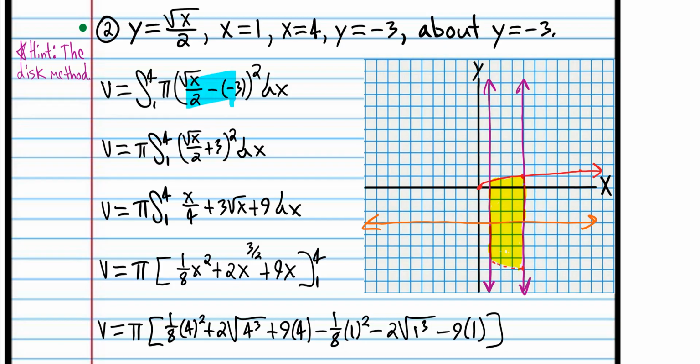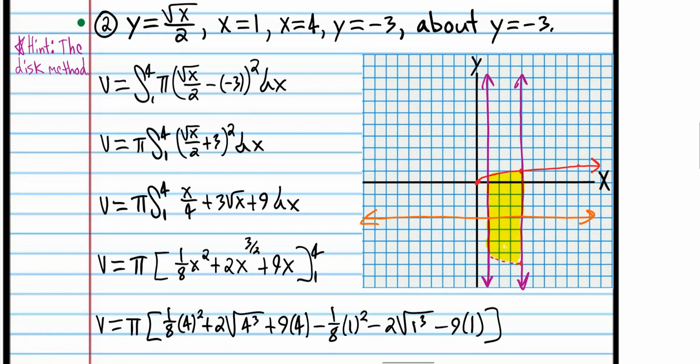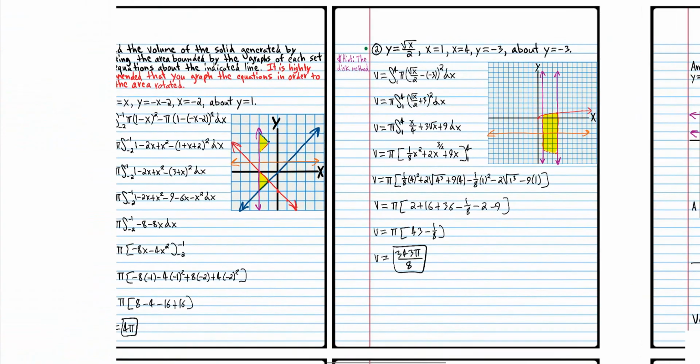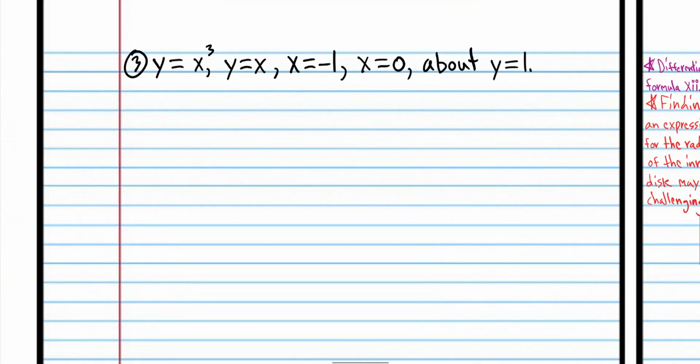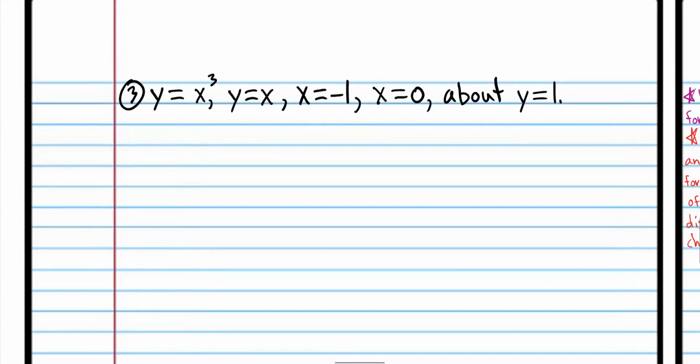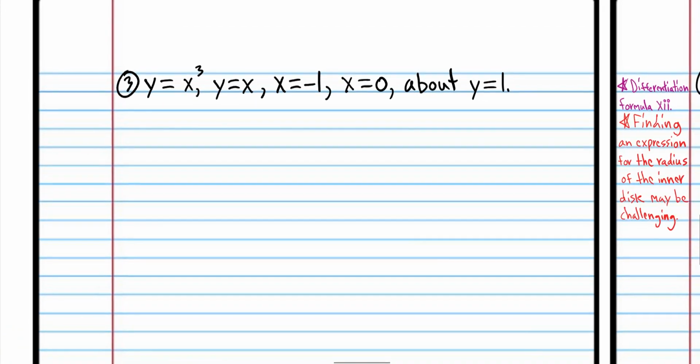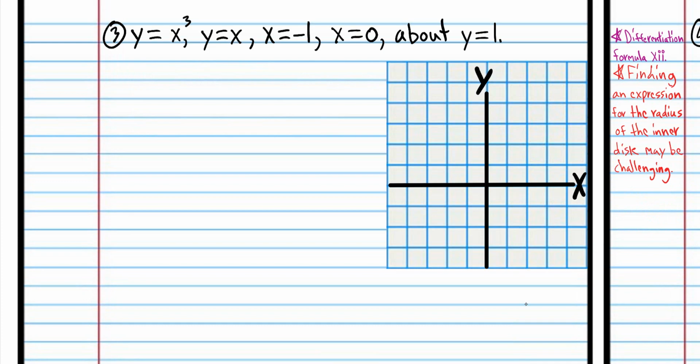And you don't really have to show this step if you don't want to, but this just demonstrates that typically the length is the difference between those 2 y values. So get a picture of these problems, and I want you to try number 3. Now I'm going to give you a grid. Okay, so go ahead and try number 3. And when you come back, we'll do it together.